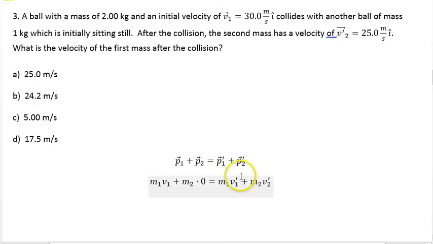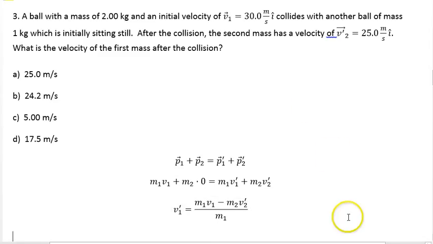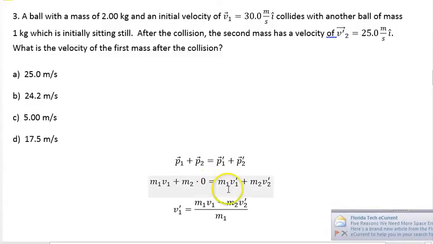And what we're after is v1 prime, so we need to just solve for v1 prime. v1 prime is just going to be m1 v1 minus m2 v2 prime, divided by m1. All I did was subtract m2 v2 prime from both sides and then divide by m1.